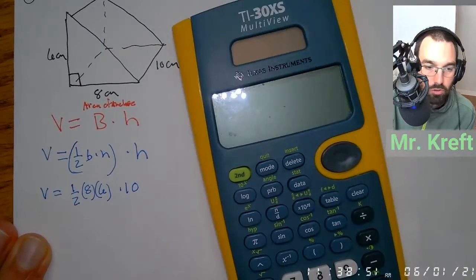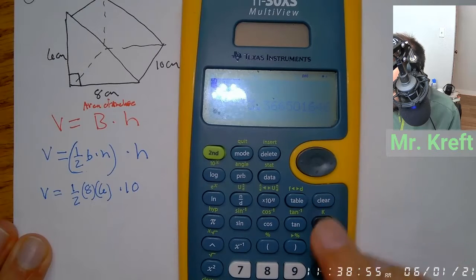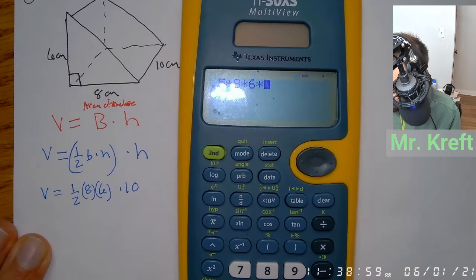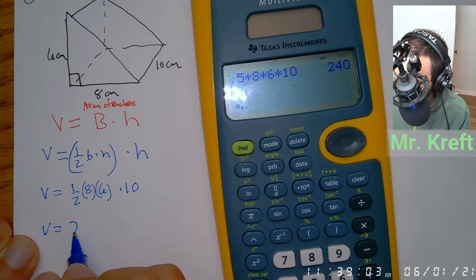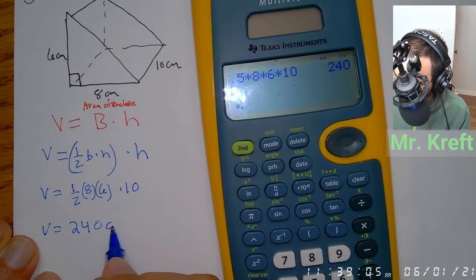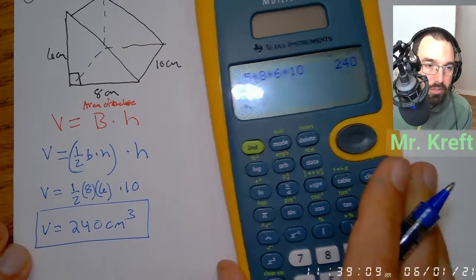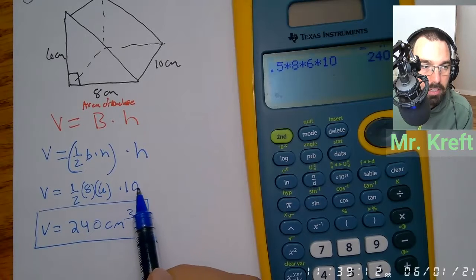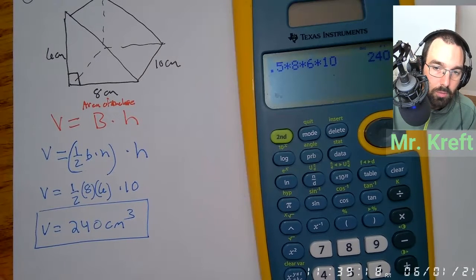I'm just going to grab a calculator and do this all at once: 0.5 times 8 times 6 times 10, and I get my volume equals 240 centimeters cubed, because I'm dealing with the third dimension. I have three one-dimensional things multiplied to get there, so it's the third dimension.